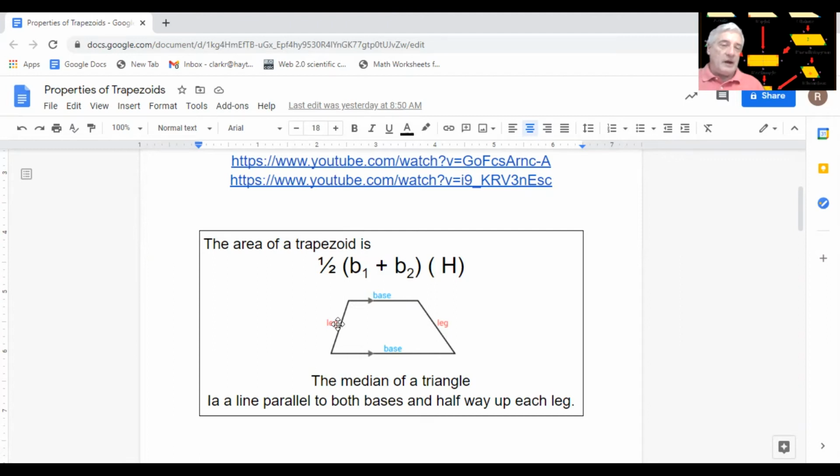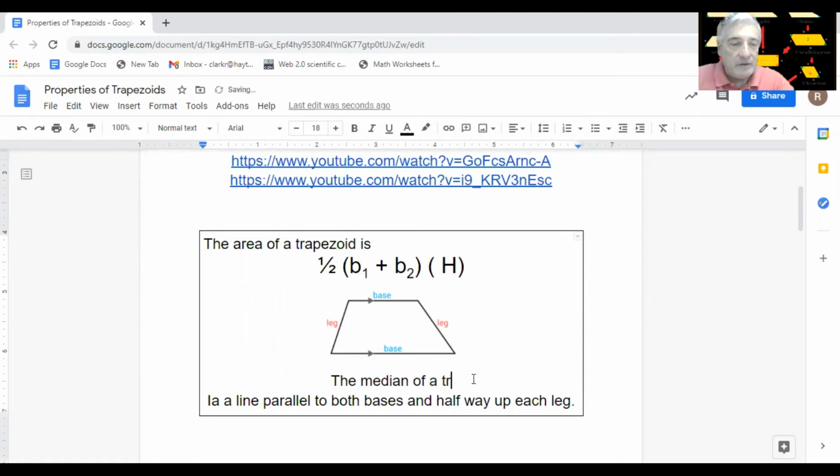A median of the triangle would be, median of the trapezoid would be halfway up. If you went from where it says leg to leg, halfway up each one of those sides, that line would also be parallel to base 1 and base 2, and it's called the median. And it says triangle here, but I think we need to change that.